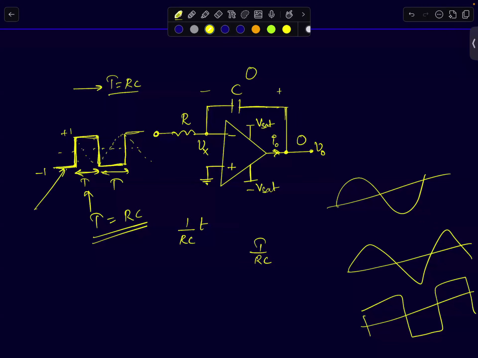Starting from -1, your input signal is going to start from -1. Suddenly it goes to +1. I want you to plot what will be the output waveform. Can you try this out?